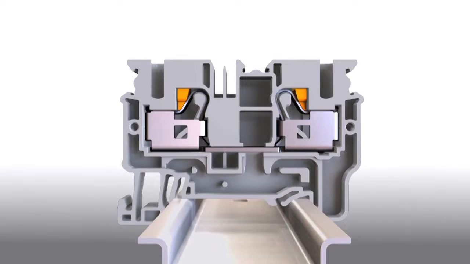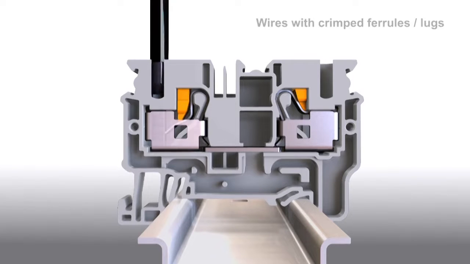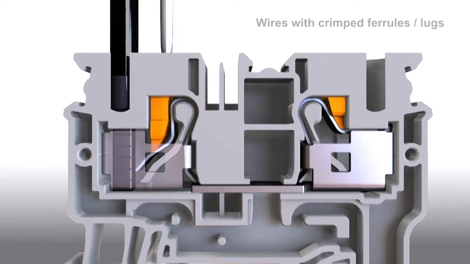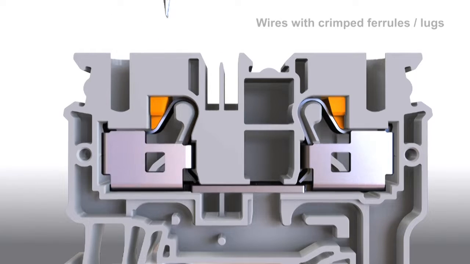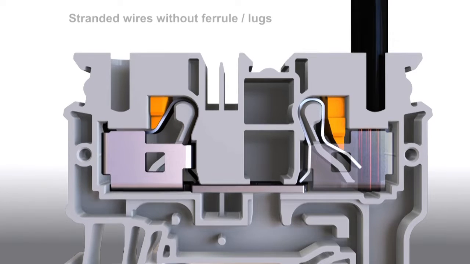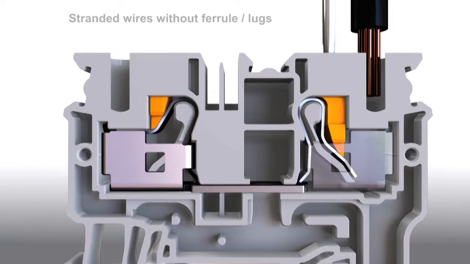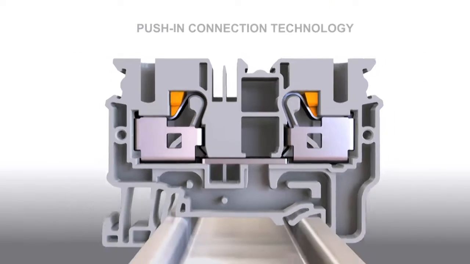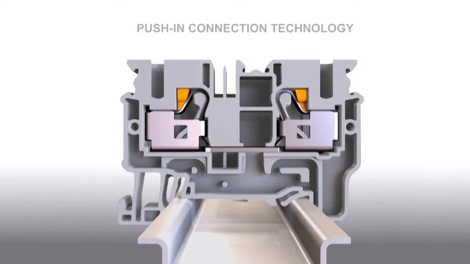Now with the push-in wiring, it really allows the user to simply push in a solid or a stranded wire with ferrules into the terminal block itself, and this gives me a really quick and reliable connection. Just that push-in aspect alone also saves me a lot of time in my installation, and later I have much less maintenance than I would have on a screw terminal block, for example, which might need to be retightened over time.